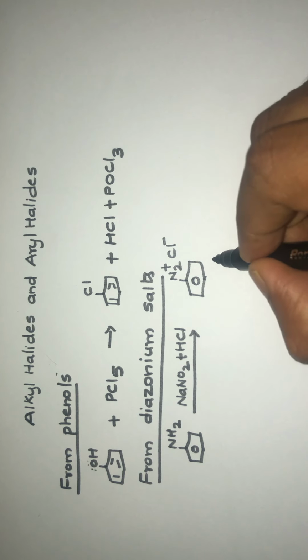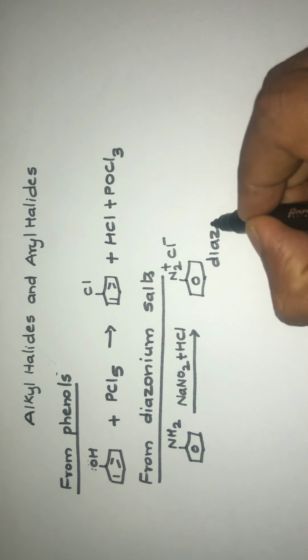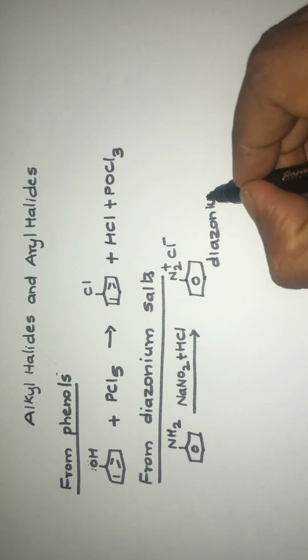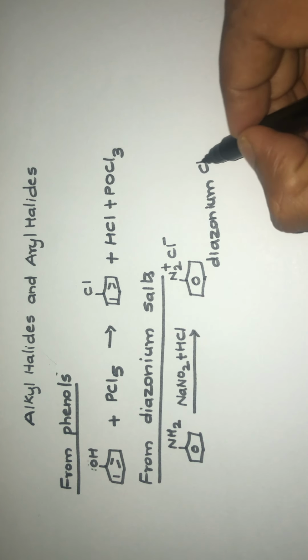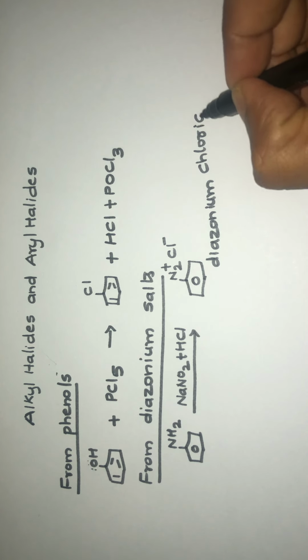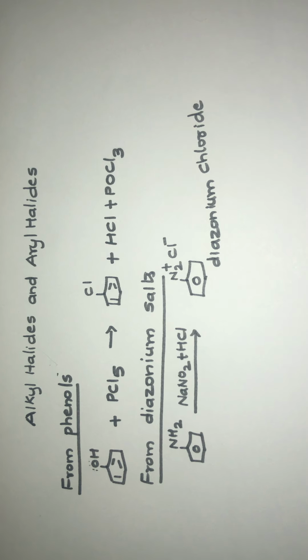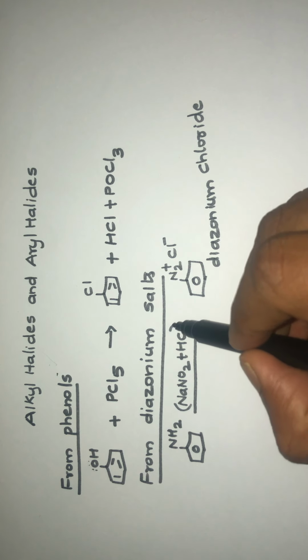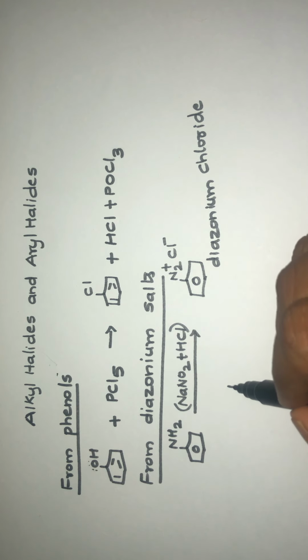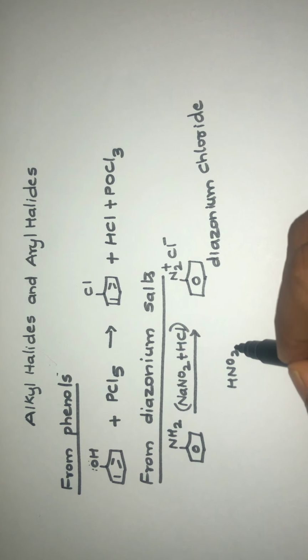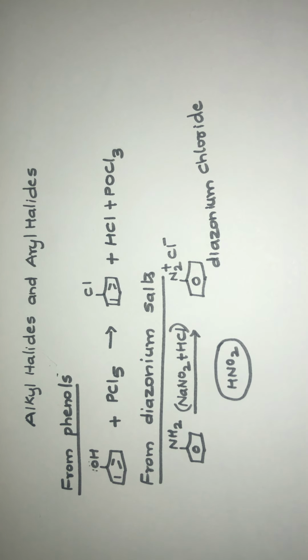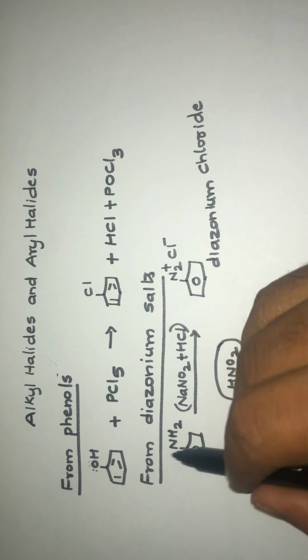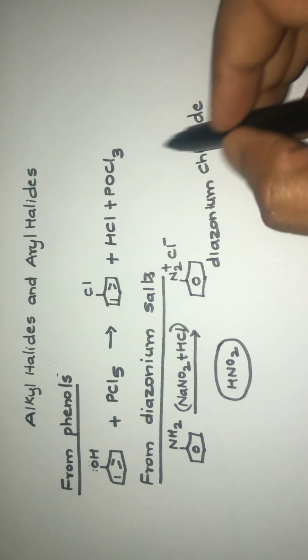This compound is called diazonium chloride. A mixture of NaNO2 and HCl produces HNO2, nitrous acid, and this nitrous acid reacts with NH2 to form this diazonium salt.